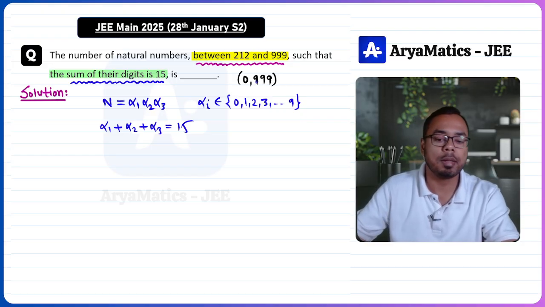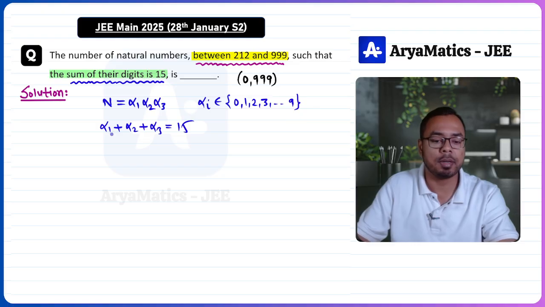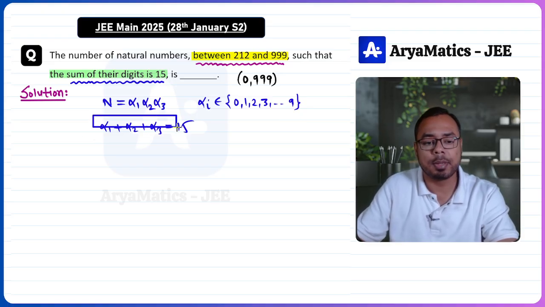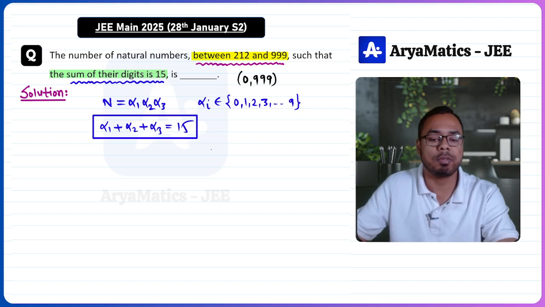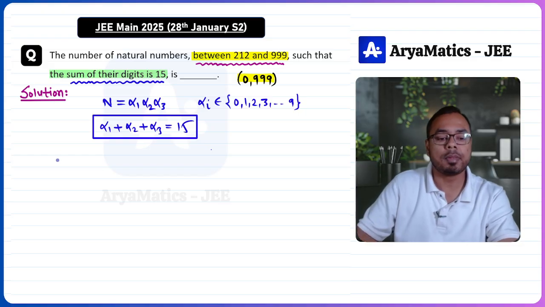I'm considering all the numbers from 0 up to 999, so all three variables can take values from 0 up to 9. If alpha 1 is 0, that means we have a 2-digit number. If both alpha 1 and alpha 2 are 0, then we have a single-digit number. So first let us count all the numbers, because using the coefficient method it will be easy to calculate, and then we'll see which numbers are not in this interval.